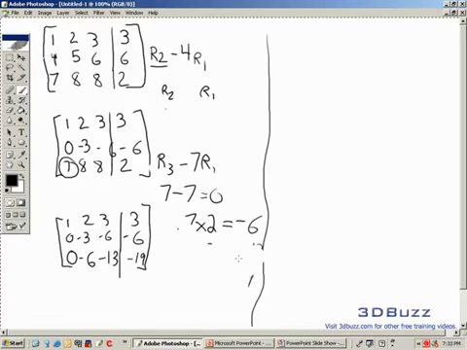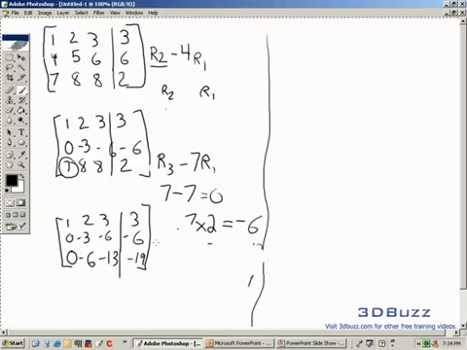Okay, so the next step that I'd like to do is to clear out the y in the third row. I'll do it in the second row.